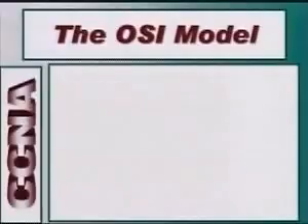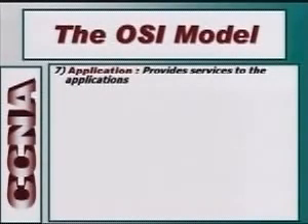But we're going to talk about each layer of the model. So we're going to start at the top. We're going to talk about the application layer. The application layer of the OSI model is where the user is. And it's where the applications that the user is using are.